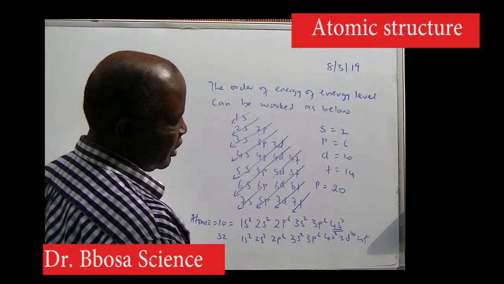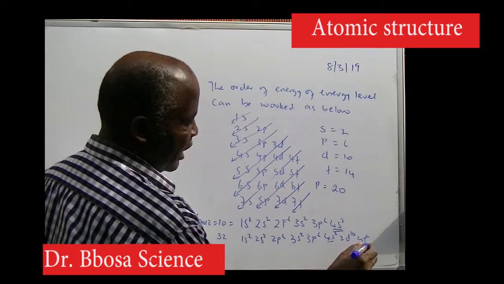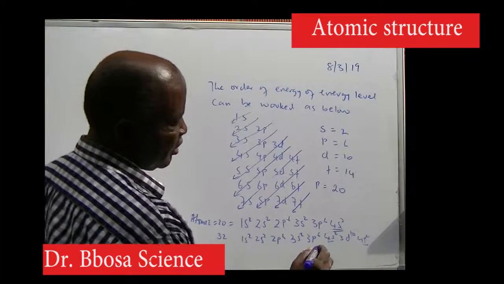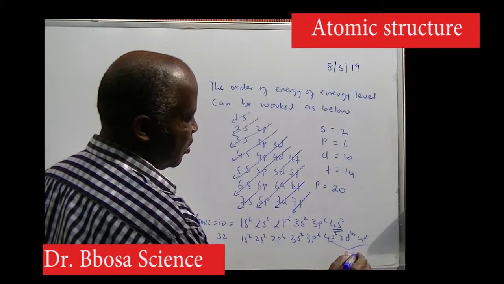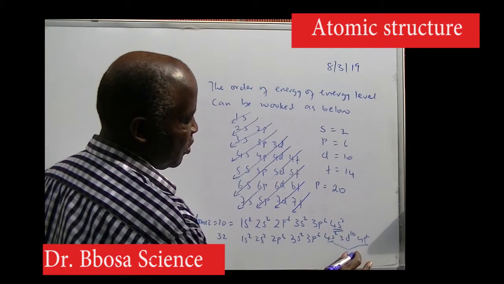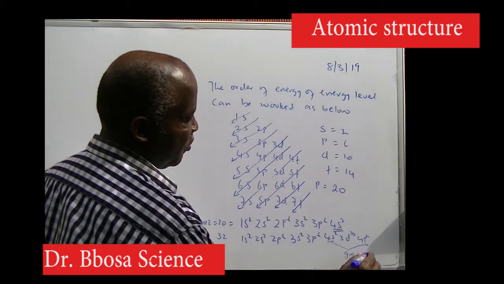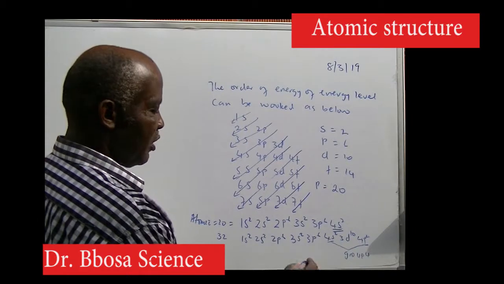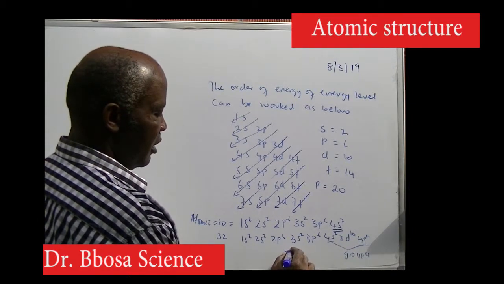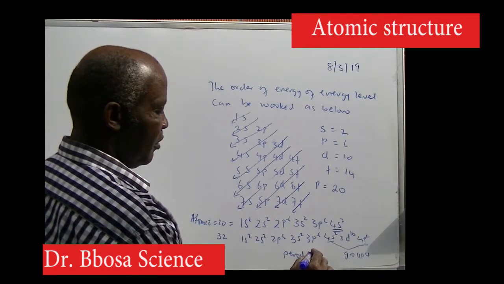In shell 4, there are 4 electrons, so this element is in group 4. The outermost filled shell is 4, so it is in period 4.